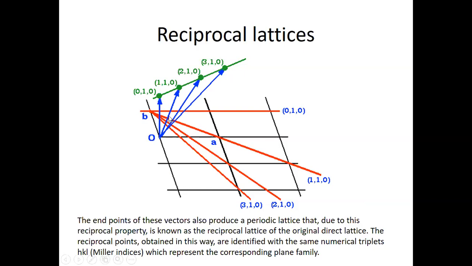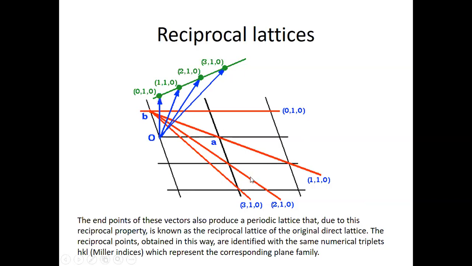Our vector would need to stand perpendicular to this lattice plane, and the length would be 1 over the interplanar distance between the 1, 1, 0 lattice planes. As the Miller indices increase in comparison to here, the interplanar distance will naturally become smaller. That means the vector has to become longer in comparison to this vector.